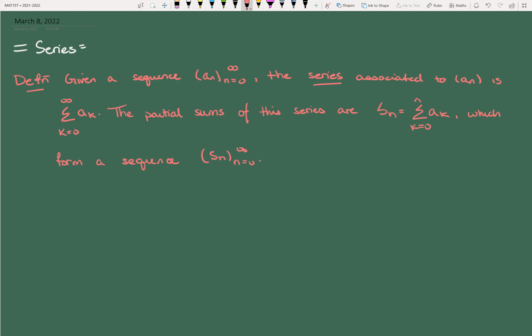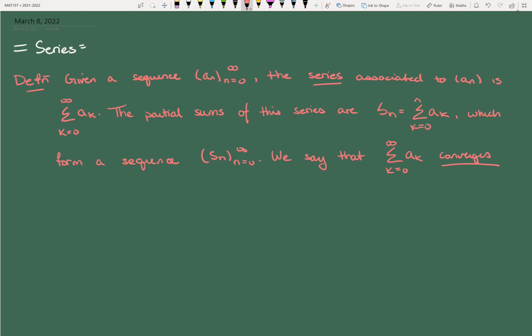Okay, so we'll say then that the series converges if the partial sums have a finite limit. So we say that the sum from k equals 0 to infinity of a_k converges. Just like when we were talking about improper integrals, we could formally define an improper integral, but we still had to talk about whether or not it converges.